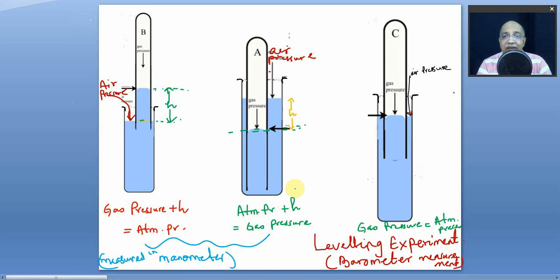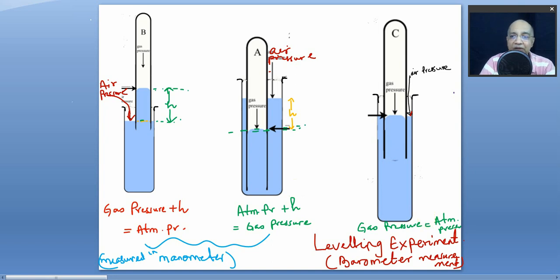In this case, gas pressure is greater than the atmospheric pressure, right? So that is the case in the U-tube manometer, where the right column mercury level is higher than the left column. But now this is the leveling experiment that we perform to measure the gas pressure.